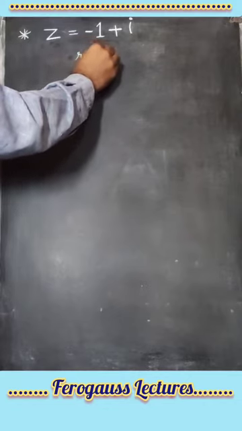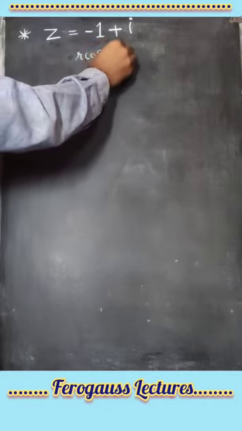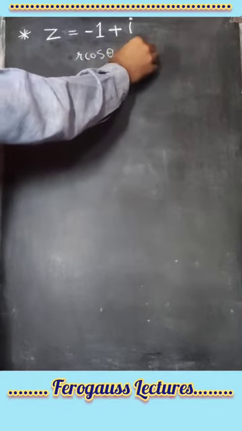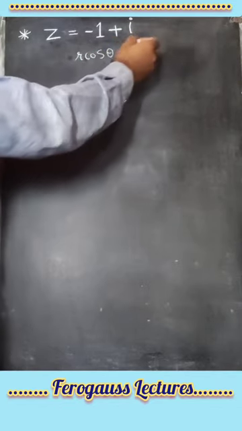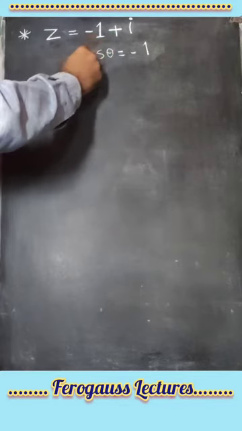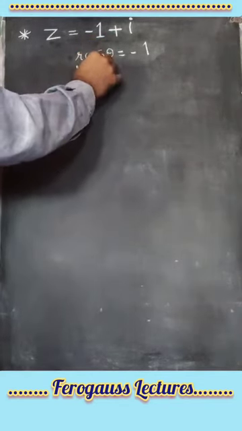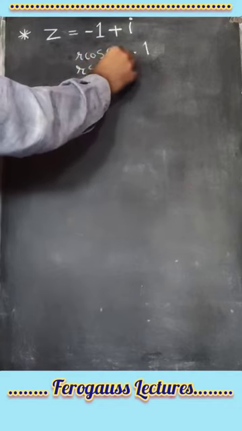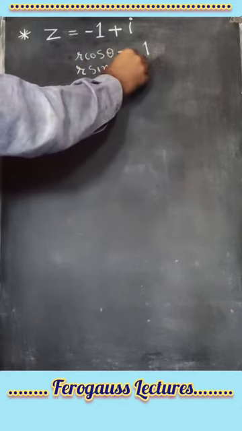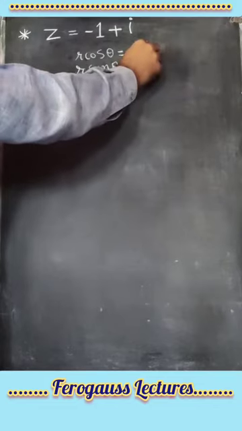So r cos theta is equal to minus 1, and imaginary part equal to r sin theta. Imaginary part is equal to plus 1.